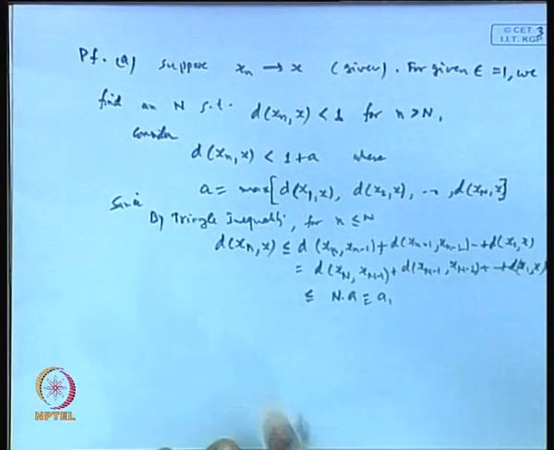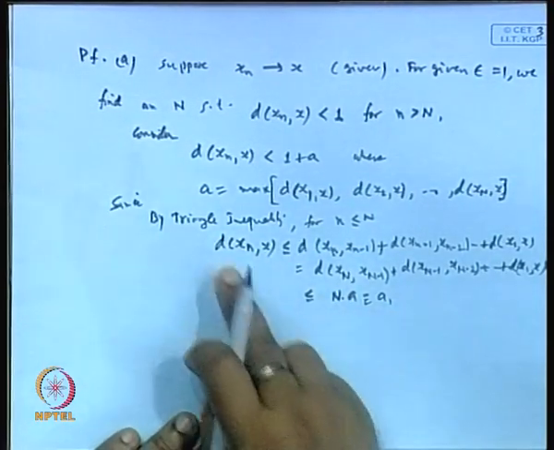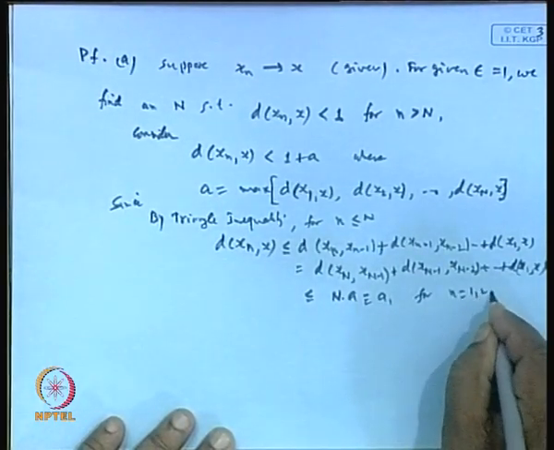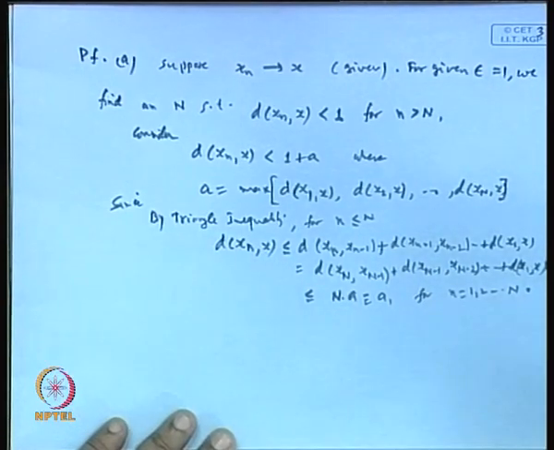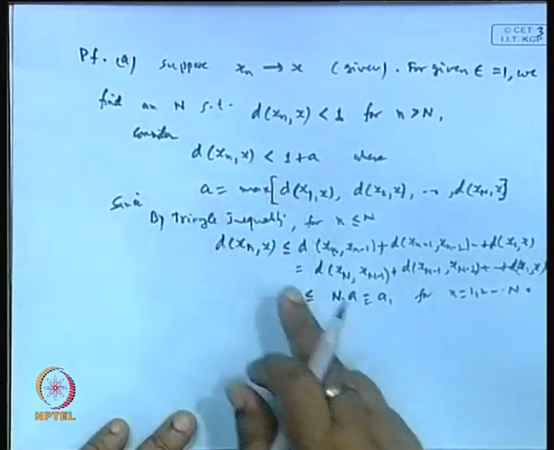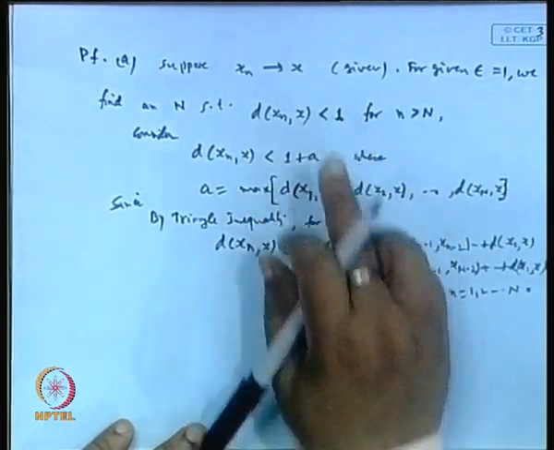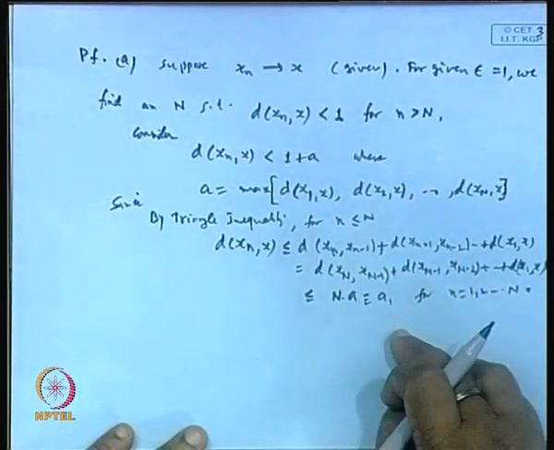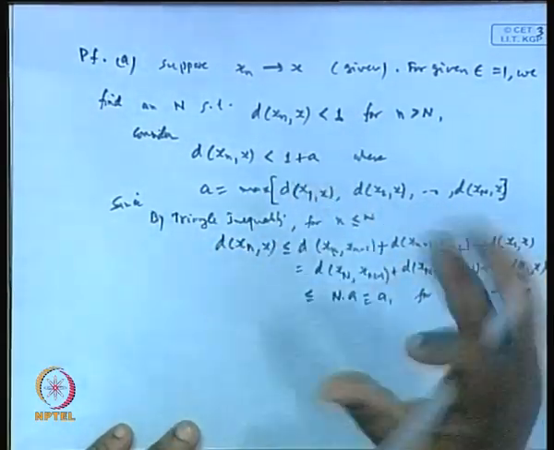Okay. So, we can say d(x_n, x) is less than a_1 for all n from 1 up to N, and for n greater than this N, it is already less than 1. So, basically when you take both of these simultaneously, we can write that d(x_n, x) is less than 1 plus a for all n.